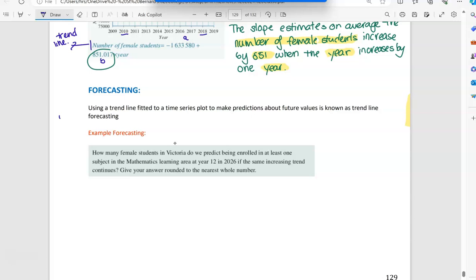All right, so let's have a look. So it says, how many students do we predict to be enrolled in year 12 in 2026? So you're just pretty much doing the same. You're just using that trend line. And when we're forecasting, we're assuming that the same trend is going to keep happening, because really it's not always the case.